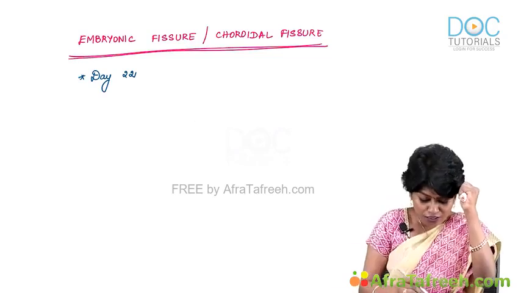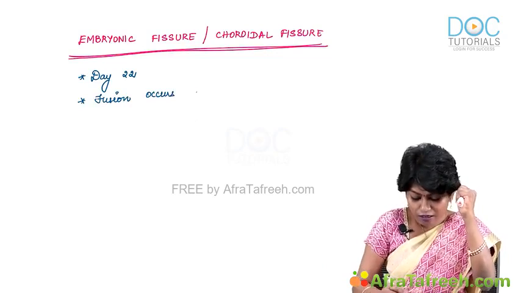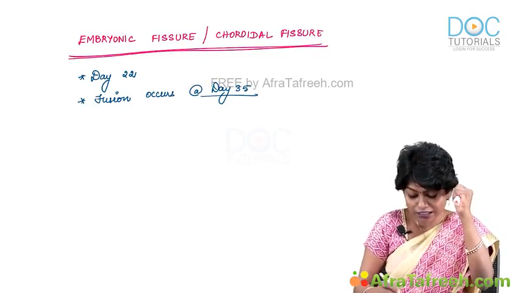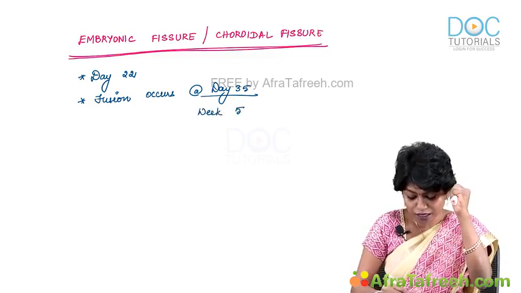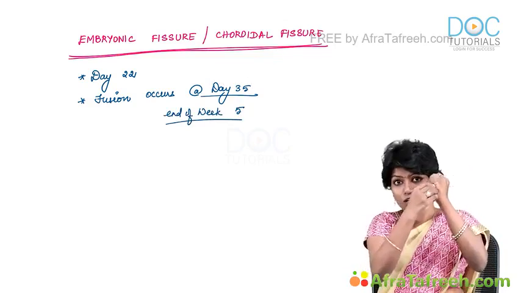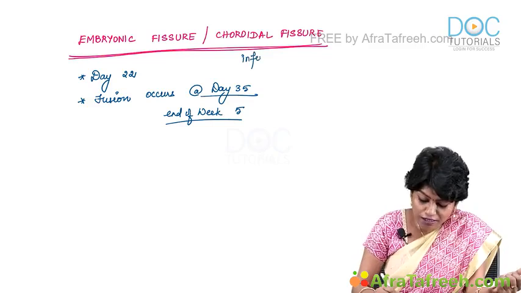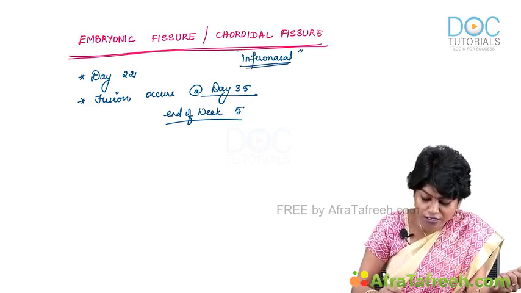So, this fusion occurs at day 35, or what we say at the end of week 5, okay, end of week 5 it closes. So, what is the location of this embryonic fissure? It is inferonasal in location. Okay, it is inferonasal in location.